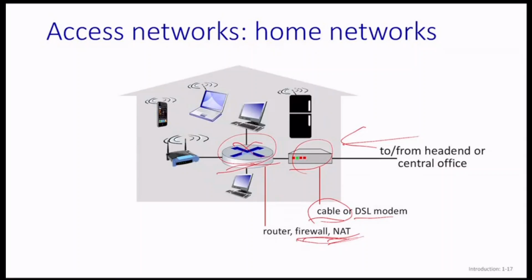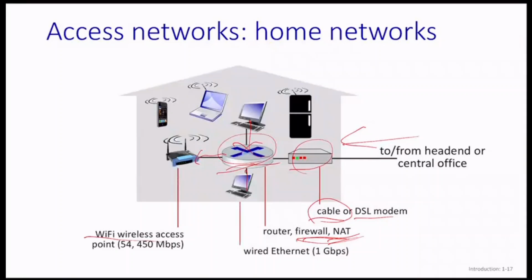Some devices, like these two desktops, can directly use a cable to connect to the router. If we want to provide a wireless connection, the router also needs to connect to the Wi-Fi wireless access point. Based on this, we can provide wireless communication to the smartphone and the laptop.